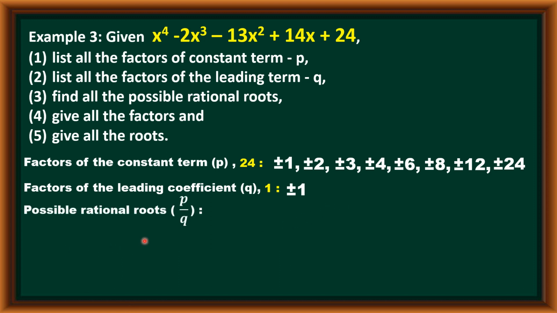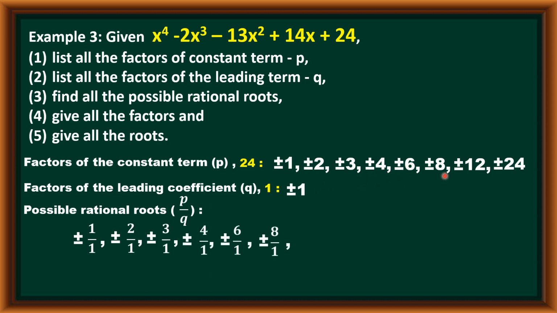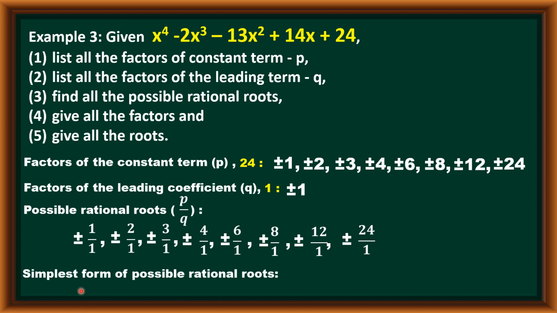Now, to get p over q, or the possible rational roots, divide lang natin yung p over q. So, we have 1 over 1, 2 over 1, 3 over 1, 4 over 1, 6 over 1, 8 over 1, 12 over 1, at 24 over 1. Now, in here, lahat yun, positive and negative. So, i-simplify natin. Simplest form of all the possible rational roots.